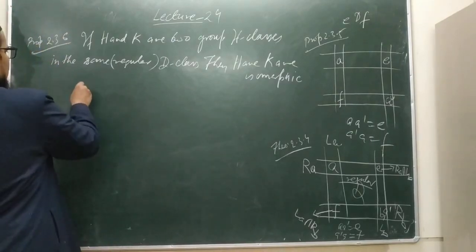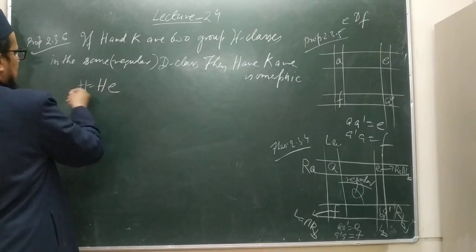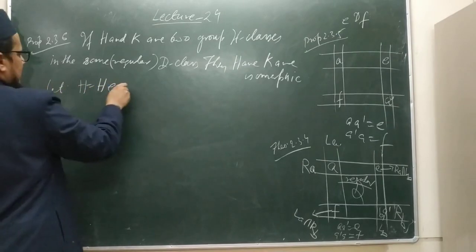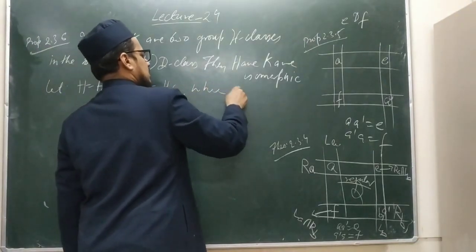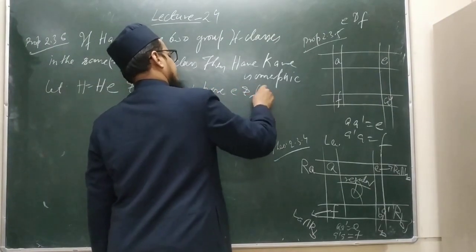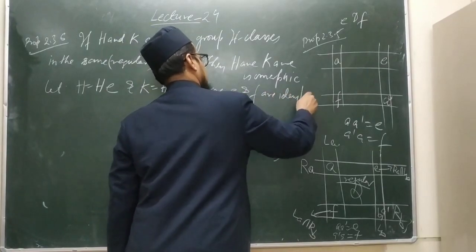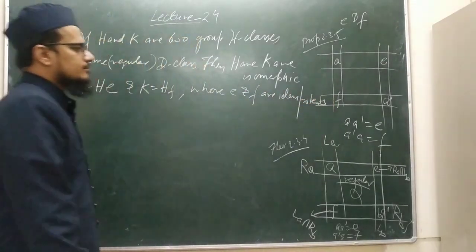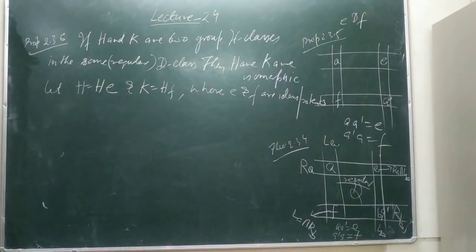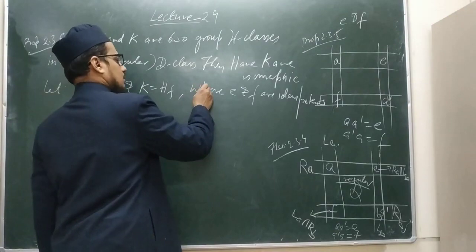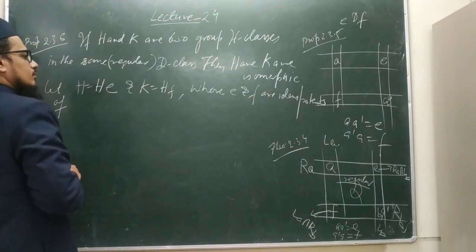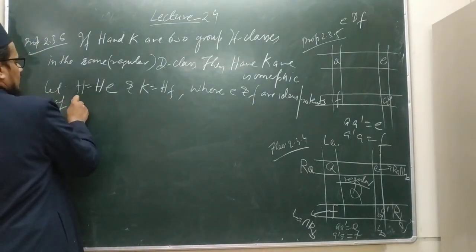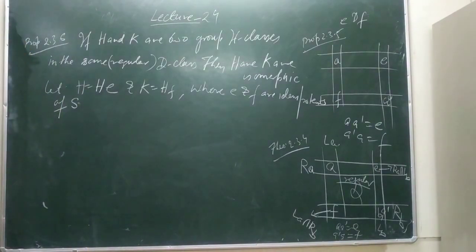So we can say H is H_E, that H is equal to H_E, and K is equal to H_F, where E and F are idempotents of the semigroup S. So H and K are two group H classes in the same D class.